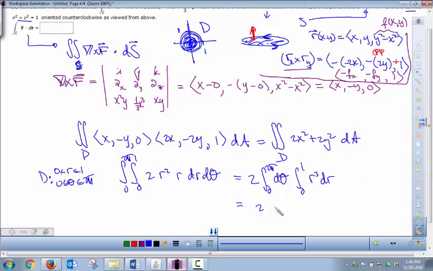So we got 2 pi. I just realized that before we evaluate r, when you integrate it, but before you evaluate the r, it's the formula for the volume of a sphere, r to the 4th over 4.